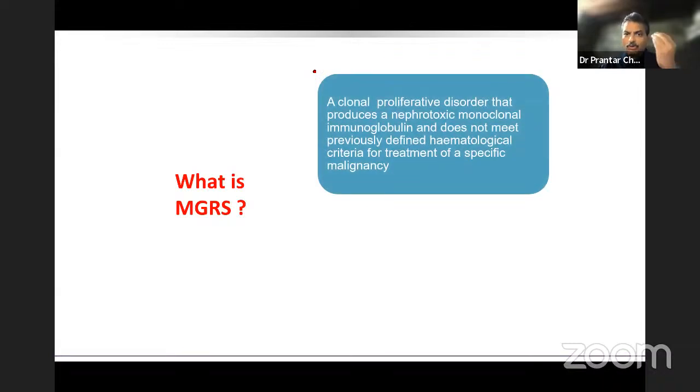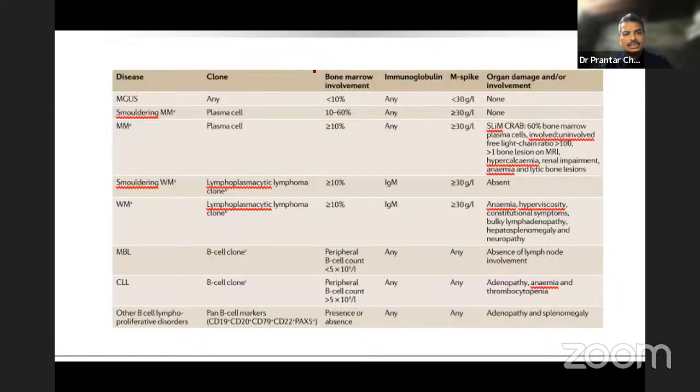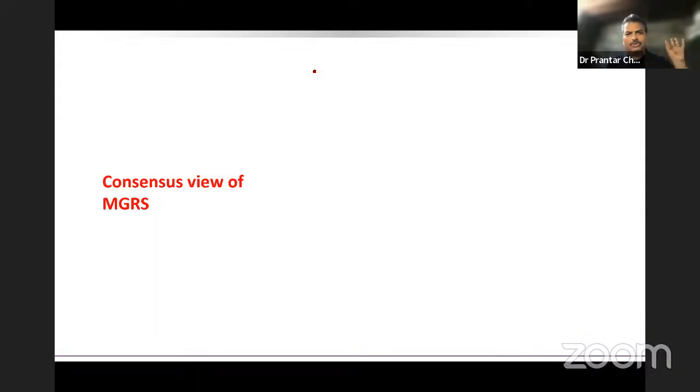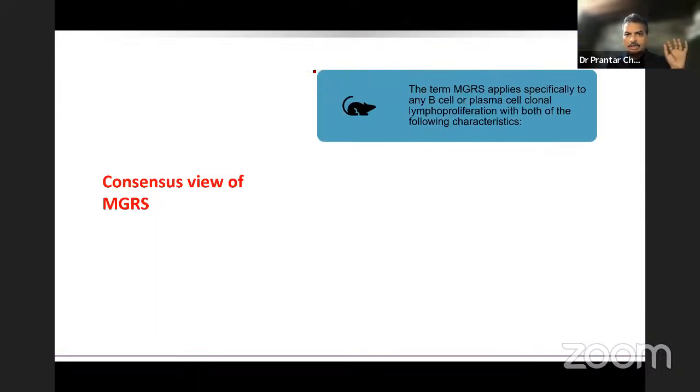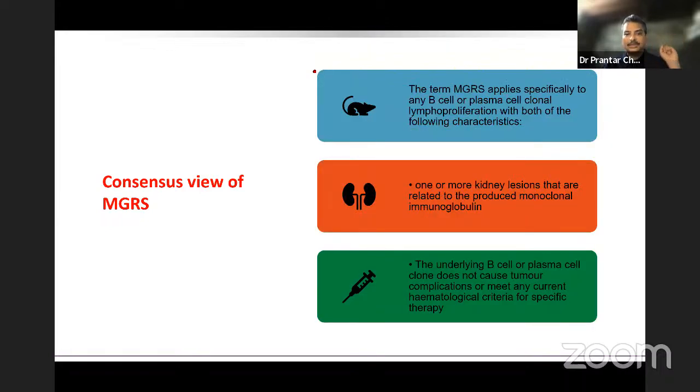It's a clonal proliferative disorder that produces a nephrotoxic monoclonal globulin, and it is essentially diagnosed by the nephrologist. You can have smoldering myeloma, you can have smoldering Waldenstrom. I'm not going into all those details. The consensus is that here you do not find features like myeloma, but the kidney is affected.